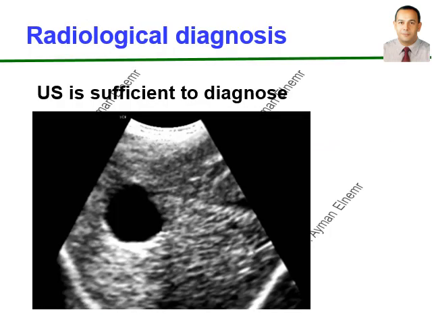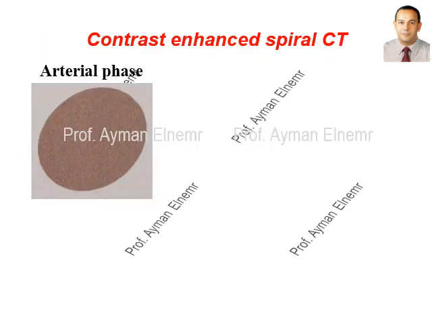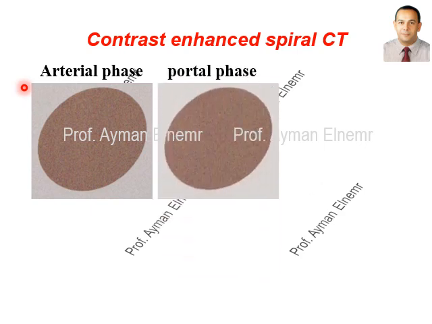As regards the diagnosis, ultrasonography is sufficient to diagnose the simple hepatic cyst, and here we can see a well-circumscribed hypoechoic lesion. By using the contrast-enhanced spiral CT in the arterial phase, the hepatic parenchyma enhances while the cyst does not enhance. Also in the portal phase, the hepatic parenchyma enhancement increases and the cyst is still not enhanced.